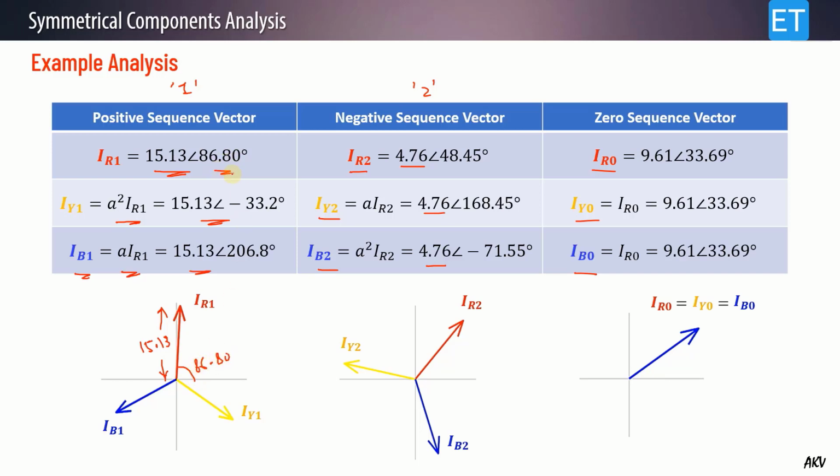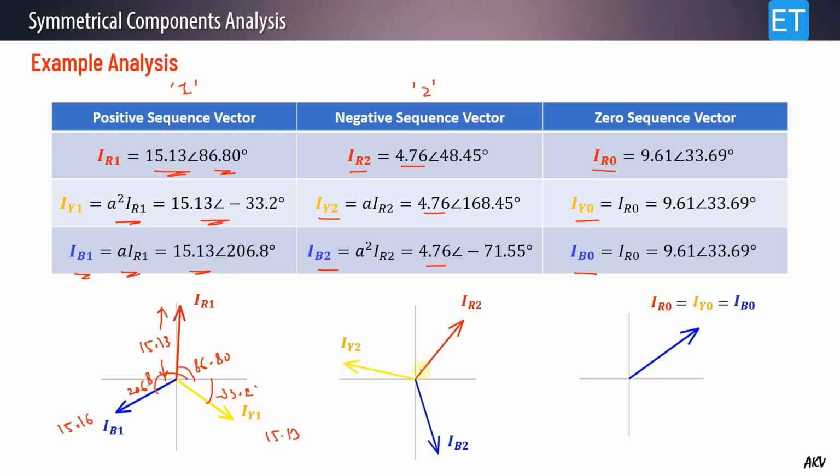For the blue one, the magnitude is also 15.13 and its angle is 206.8. And for the yellow one, it is also 15.13, and its angle is minus 33.2.